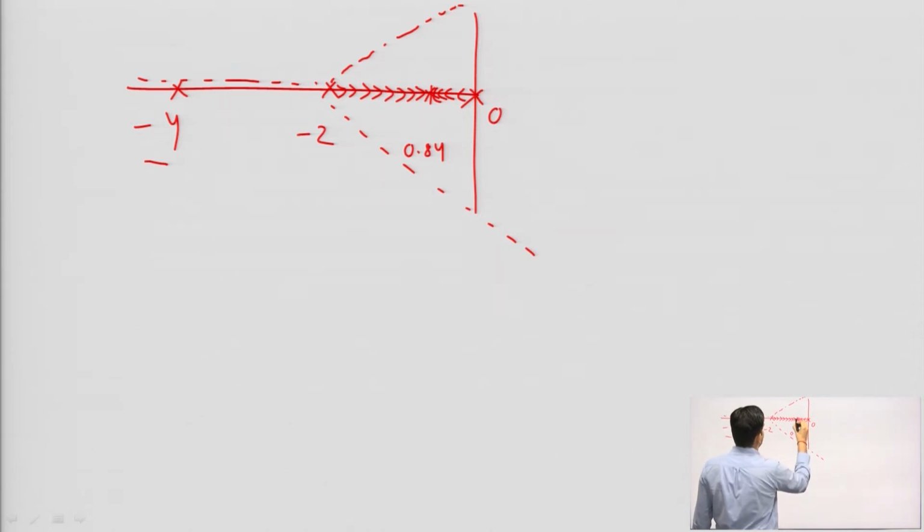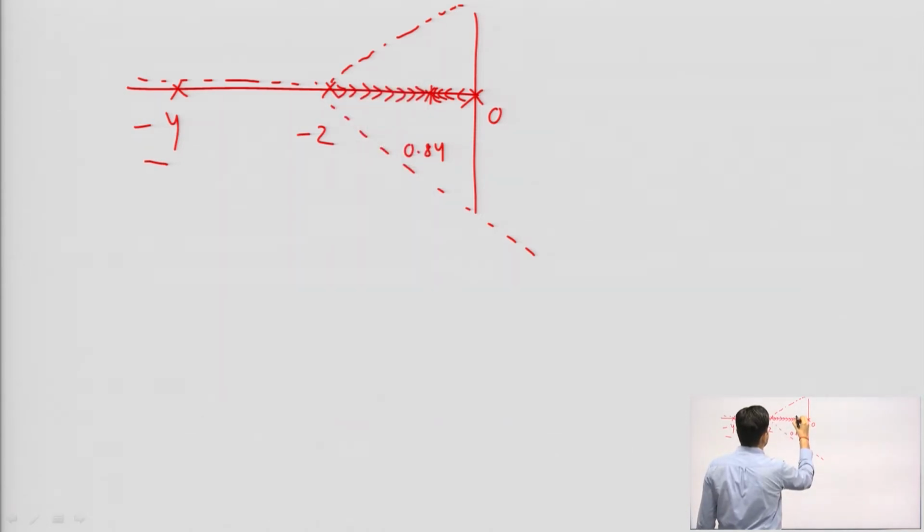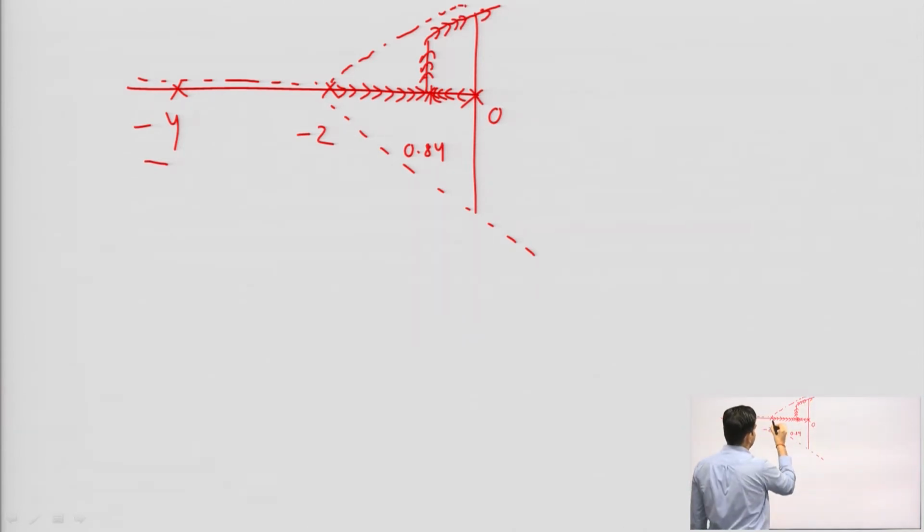It means one pole will rise above and go like this, moving in the direction of the asymptote. In the same way, the pole at minus 2 will come to the breakaway point, go down, and then in the direction of its asymptote try to approach infinity, right.